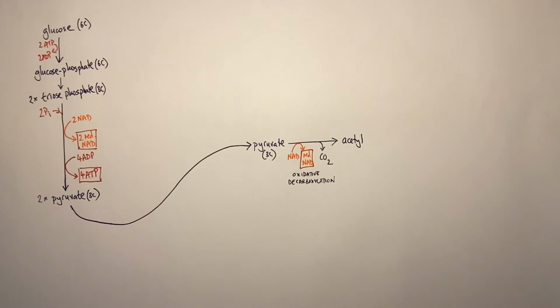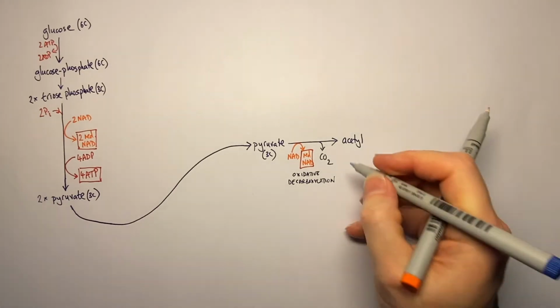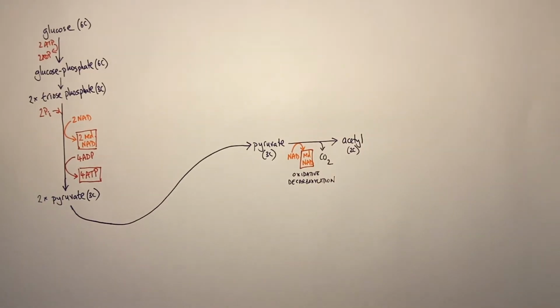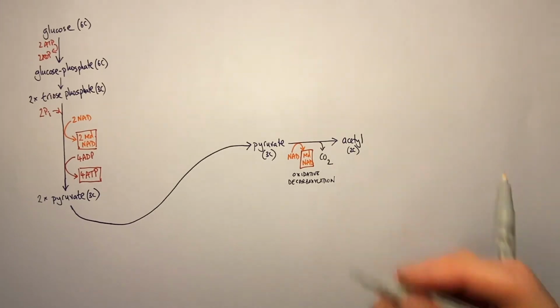Now the only other bit to the link reaction is that this acetyl group, which if you think about it, this had 3 carbons in, it's lost a carbon here, so that must be 2 carbon. This acetyl group cannot exist as just acetyl groups. It has to be attached to something.